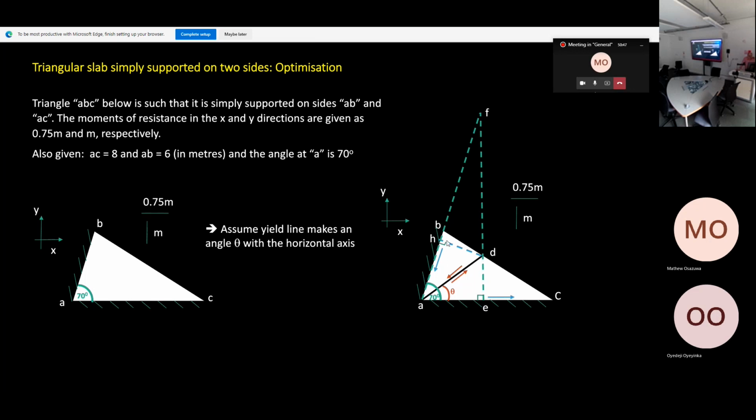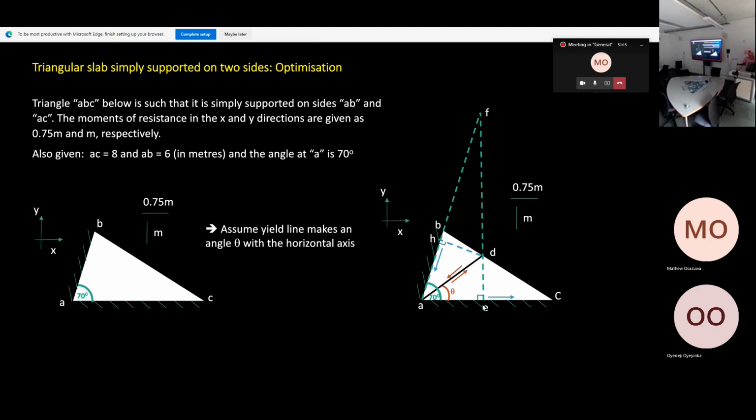Then I've got the perpendicular distance DE, I call this point E and this point D, and I have the perpendicular distance DH. Is that clear? So this is my slab, A, B, C. This is my yield line at an angle theta, and I've called the point here D, to give me the perpendicular distances HD and DE.